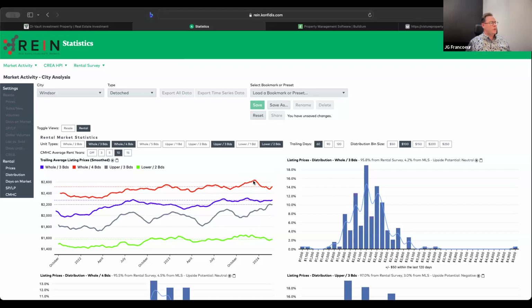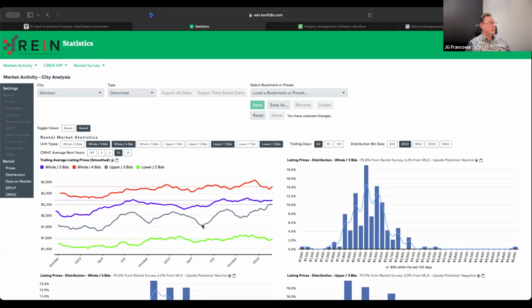Windsor, all right, so it looks like 4-bedroom homes have bottomed out and started going up. In the tail end of 2023, in December, they were 2,635. They went down to 2,475 and now they're climbing back up. They're 2,513, so the trend is reversed. 3-bedroom homes are stable. 3-bedroom uppers are going up significantly.